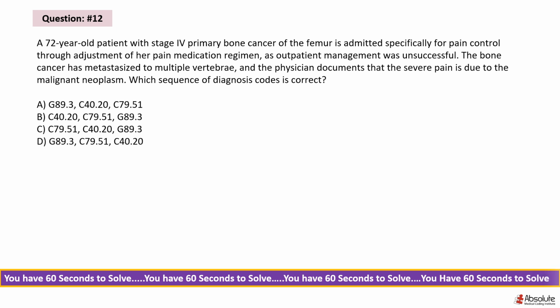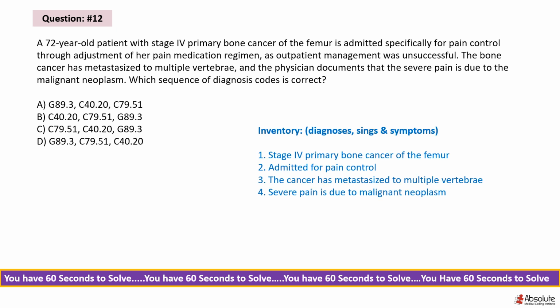Okay. So now let's take a look at our inventory list. We have stage 4 primary bone cancer of the femur, admitted for pain control. The cancer has metastasized to multiple vertebrae and severe pain due to malignant neoplasm.